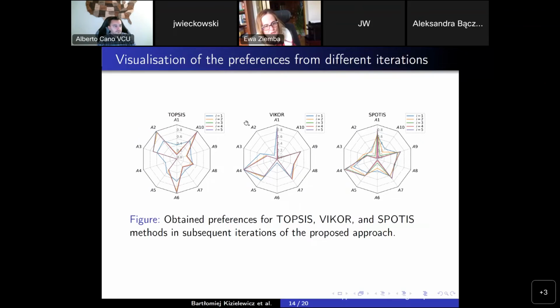As I mentioned, TOPSIS, VCOR, and SPOTIS were used in the study. So we can see that 5 iterations of compromise ranking searching were performed, and we can see the differences between subsequent steps of rankings.